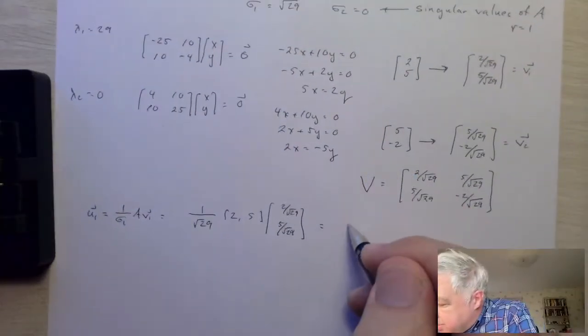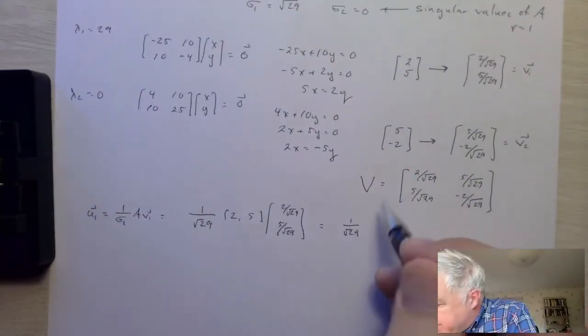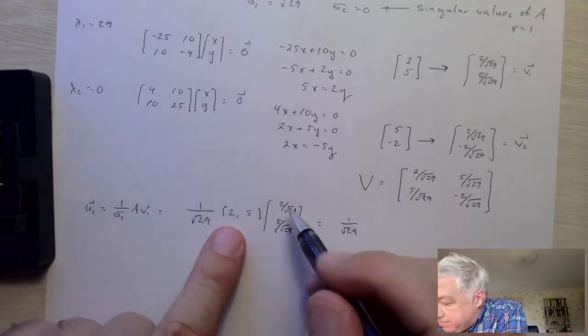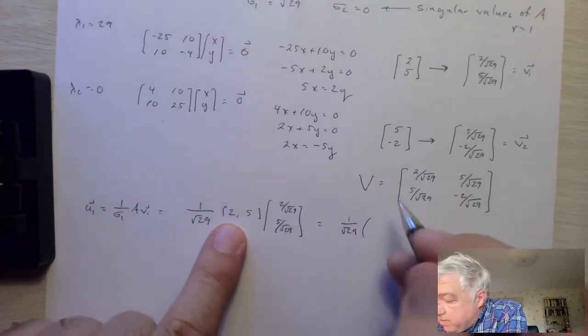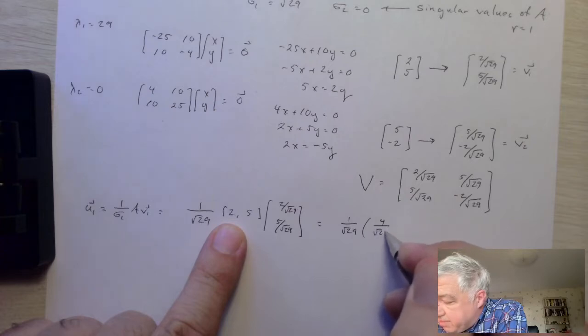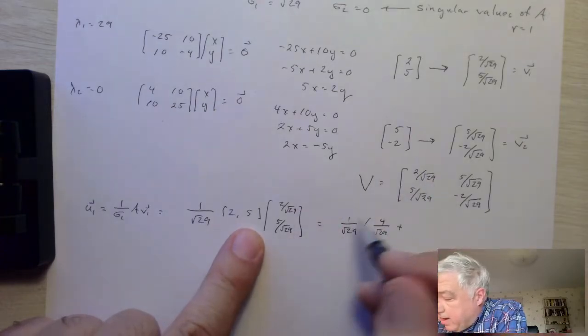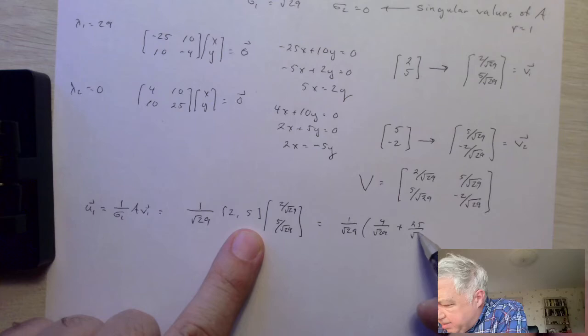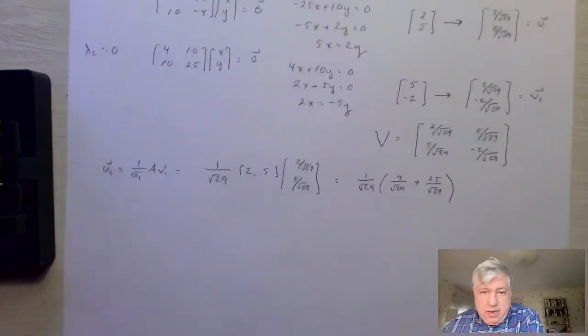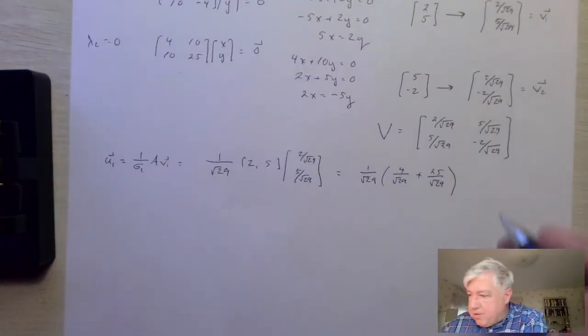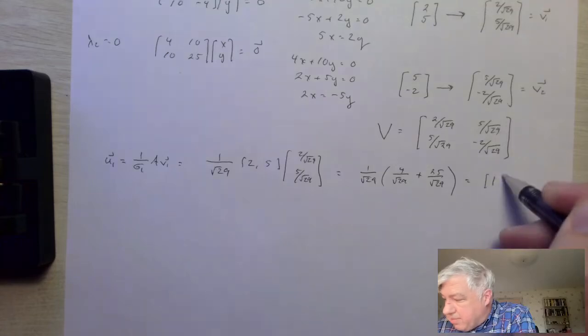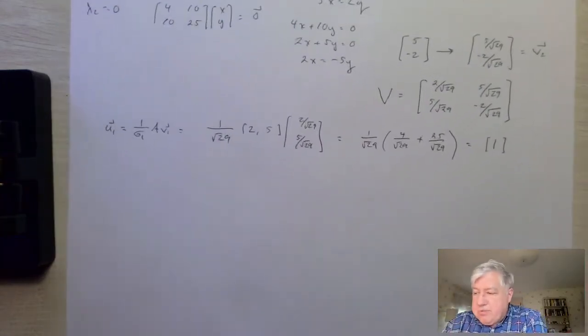So this is just going to be 1 over square root of 29 times 4 over square root of 29 plus 25 over square root of 29. And when the smoke clears, all this is just going to be 1. It's actually going to be the 1-by-1 matrix 1.